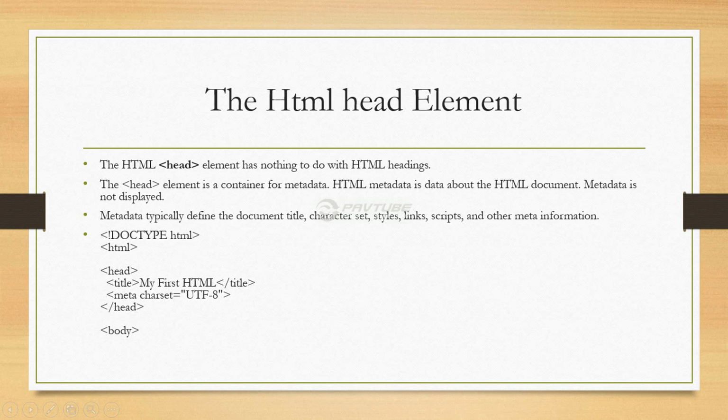Here you have the title tag, my first HTML. Then you are using the meta tag to show the title, character set, or the style of the page. Meta charset UTF-8 is the general thing. You don't have to go in depth for this. Just keep in mind that head keeps metadata in it, and metadata is the data about the whole HTML document.